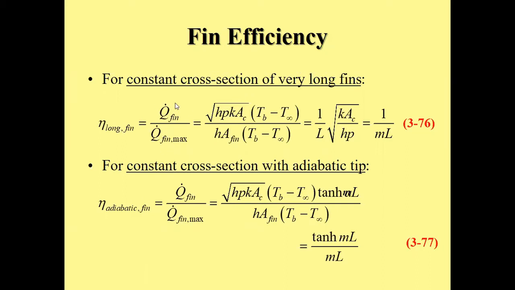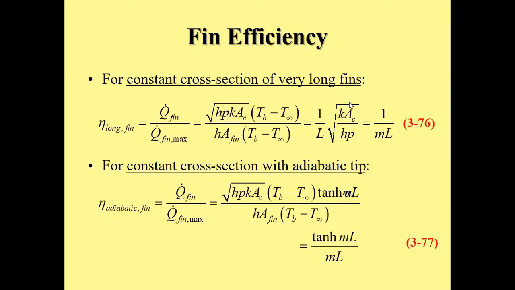As I said just now, we just take Q fin over Q fin max, right? And substitute back the equation that you have seen before, with this maximum heat transfer for the fin, and then you can actually reduce it into this, isn't it?